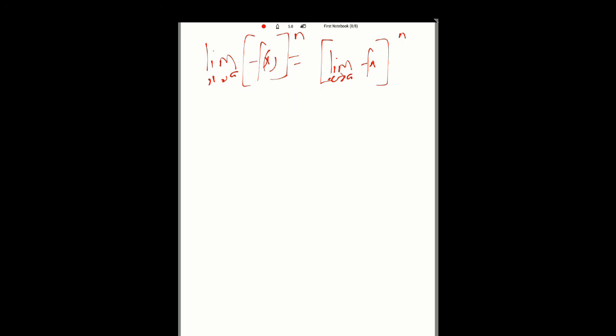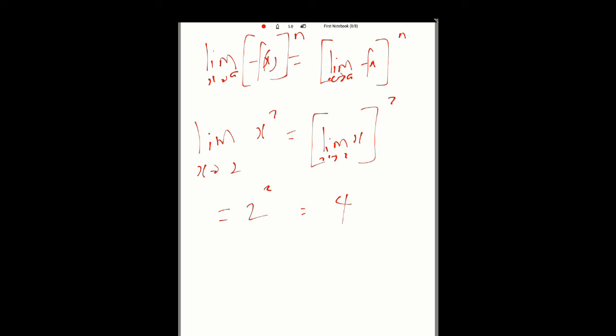So for example, if we're finding the limit of x squared as x approaches 2, then that would be equal to the limit of x as x approaches 2 all squared, which would give us, since the limit of x as x approaches 2 is 2, we're going to square that, giving us 4.